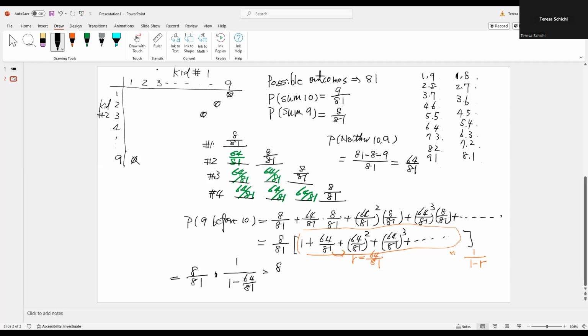So this will be A over 81 times, 81 minus 64, I'm going to get 17 here. Then you just flip the fraction and cancel that out. So this is A over 81 times 81 over 17.